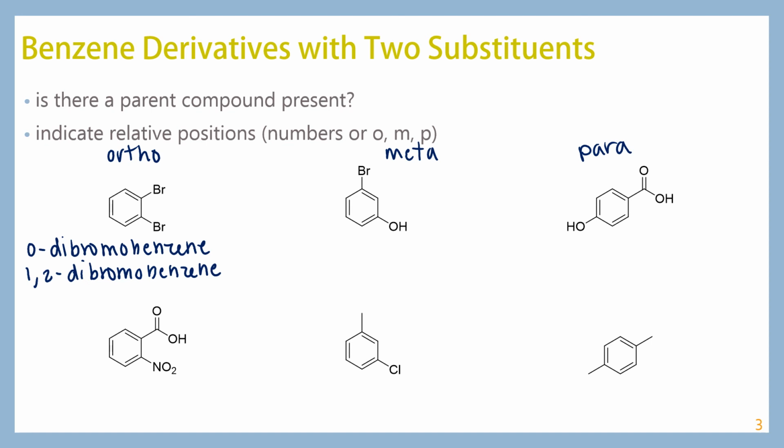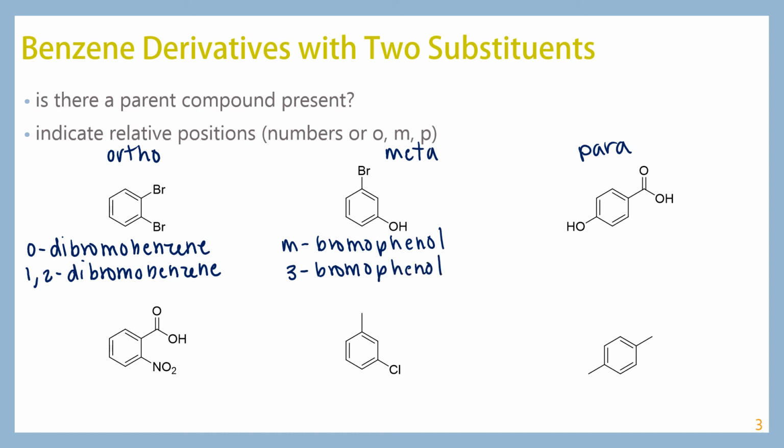In our next compound, we actually do have a parent compound present. We have phenol, and the phenol has been substituted by a bromine substituent. So that makes this compound bromophenol. And now we have to indicate also our positions. So we're going to call this m-bromophenol, or you can call it 3-bromophenol.